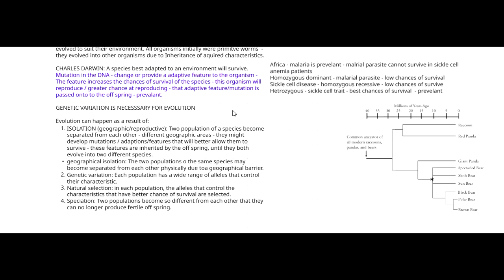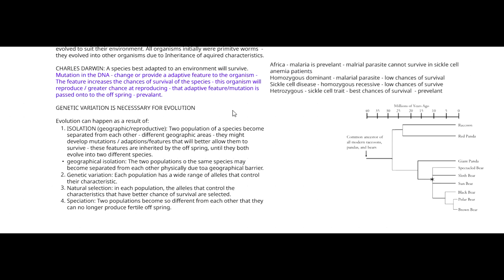Usually species become endemic due to geographical isolation. Geographical isolation can lead to evolution happening.